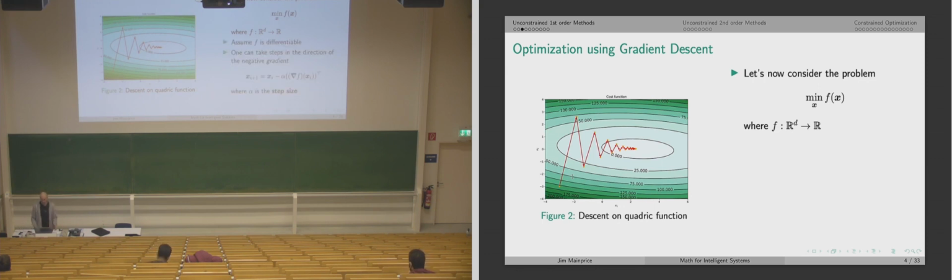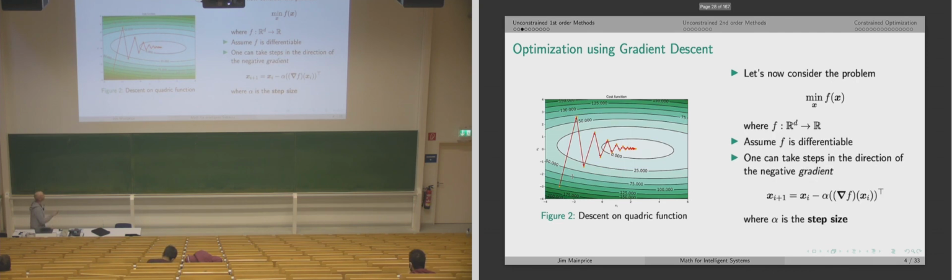So we assume f is differentiable, and the gradient descent algorithm functions this way. So x here, this is x2, and this is x1, and x is a vector, so a point here. And the way it works is, at this point x_i in time, we query the gradient, okay?